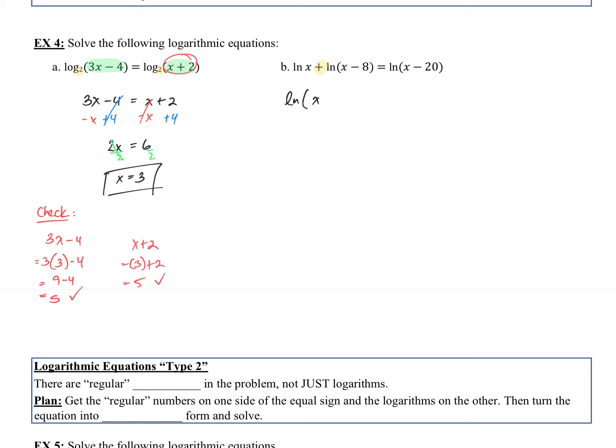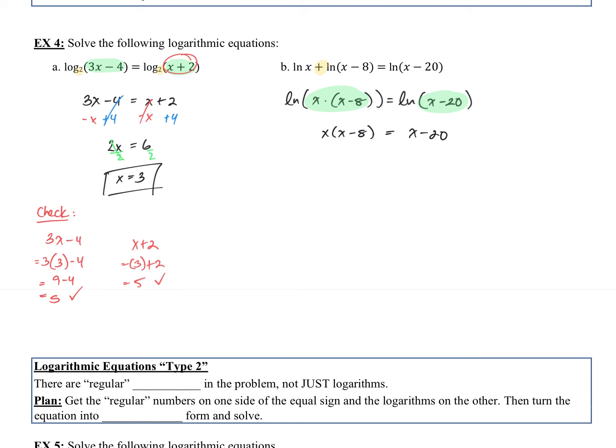We get ln of x times x minus 8 equals ln of x minus 20. Now we have a log equal to a log, so we can equate the arguments: x times x minus 8 equals x minus 20.